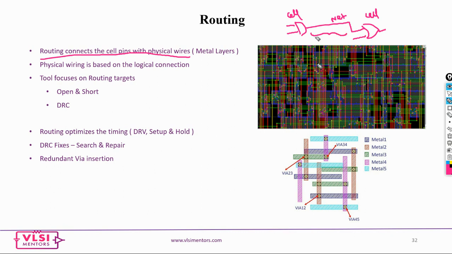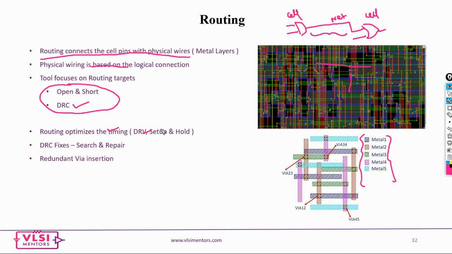So you see these wires, horizontal and vertical. The net is basically routed using these metals present in the technology. So physical wiring is based on the logical connection. This is your logical connection, and the tool focuses on routing targets. Your routing targets are opens and shorts, and then there is something called DRC, and it runs in multiple iterations to optimize your timing.